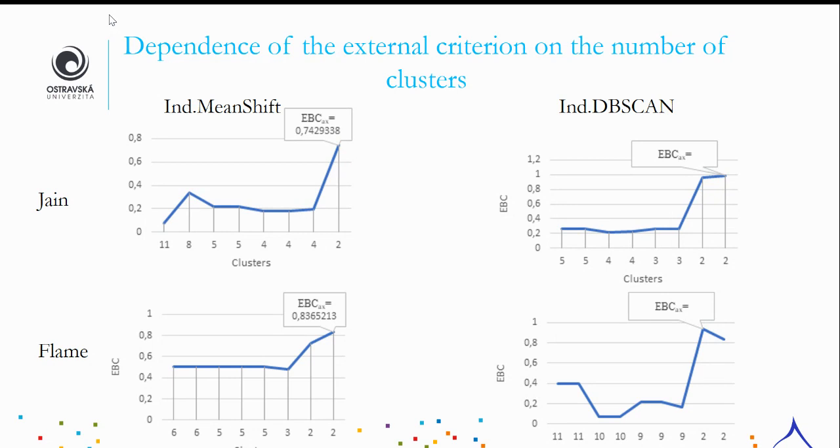Generally, what this external criterion tells us is an optimal number of clusters and the maximum value of this criterion. So we could come to a conclusion how many clusters are optimal for our case, and we can see at what level we get the best clustering quality.